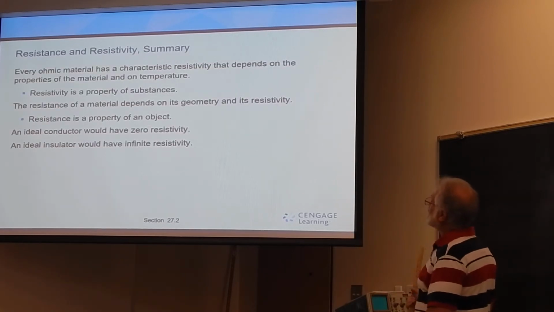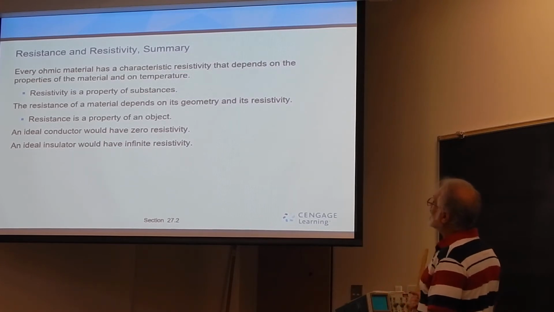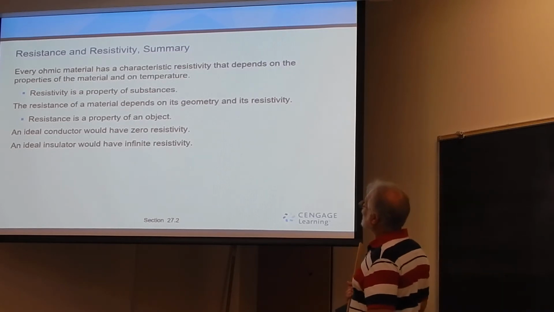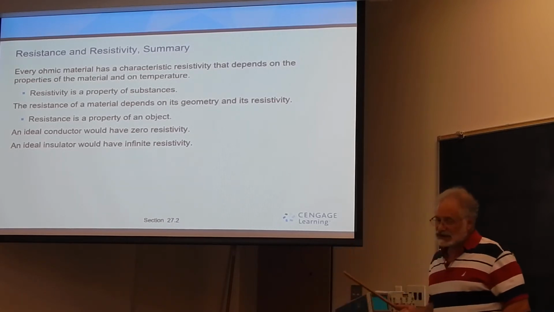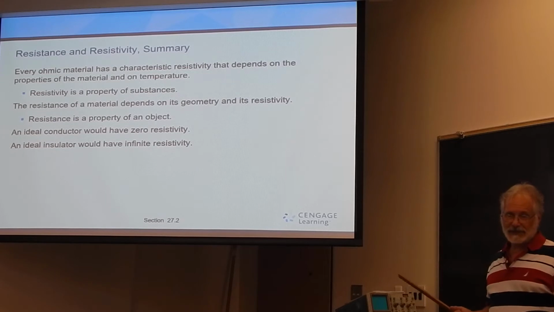So every ohmic material has a characteristic resistivity that depends on the material, and also on the temperature. It's a property of the substance, and I use its geometry and its resistivity when I want to calculate a resistance. An ideal conductor would have 0 resistivity. An ideal insulator, of course, would have infinite resistivity.